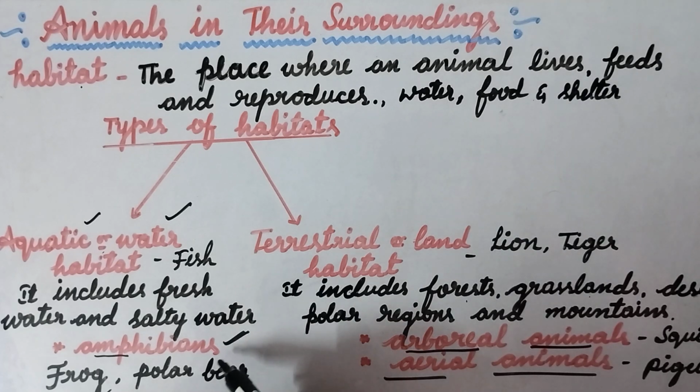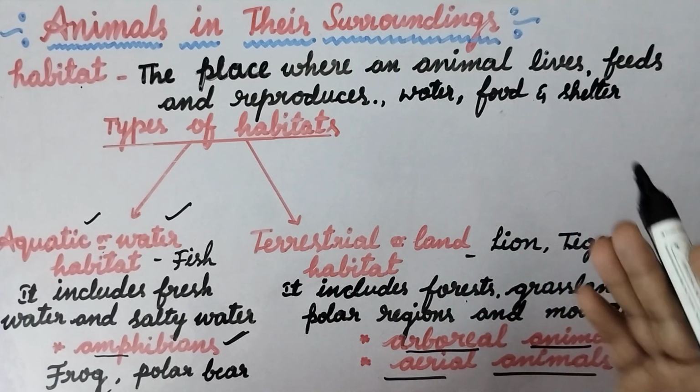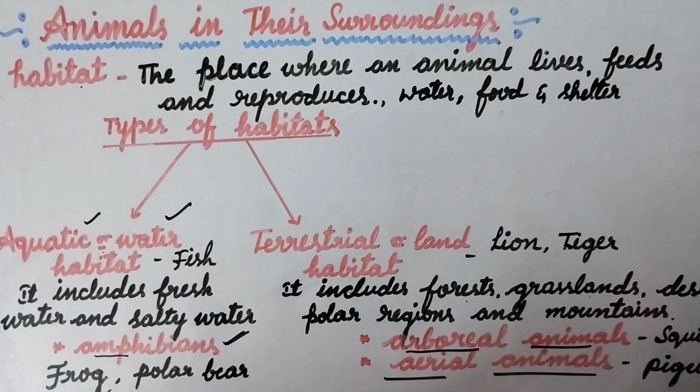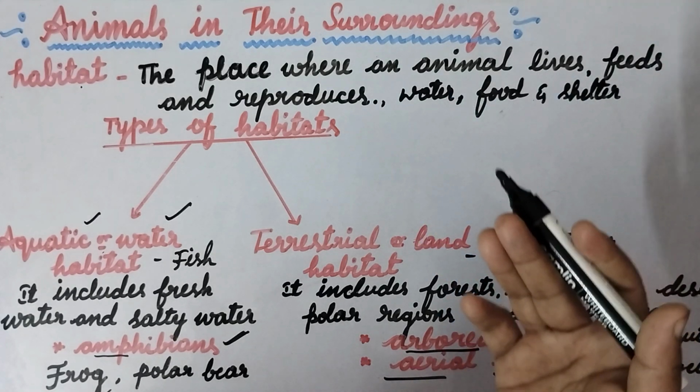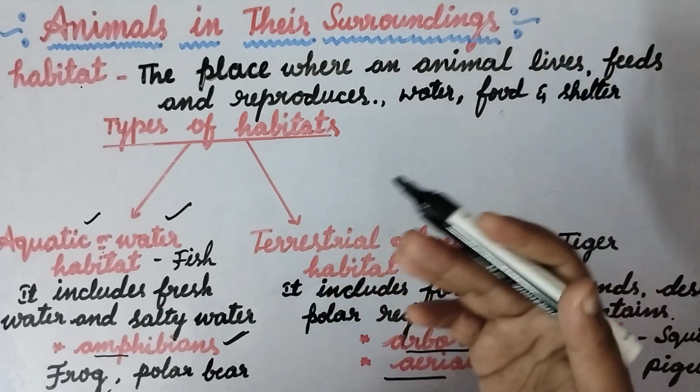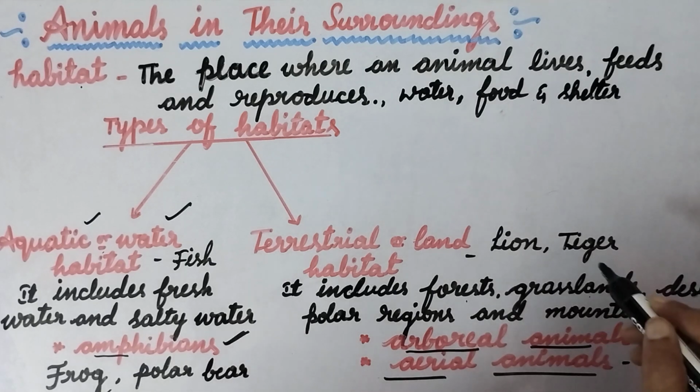An example of amphibians is the frog. An example of arboreal animals is the squirrel, because most of the time these animals live on trees. Aerial animals are those that can fly, mostly birds, for example the pigeon.